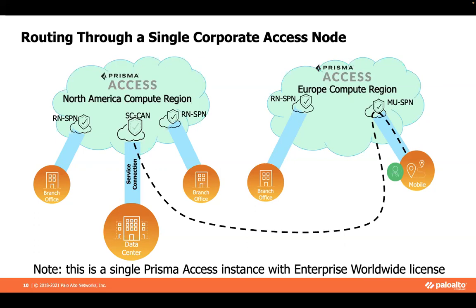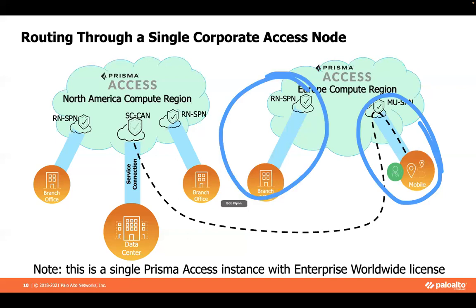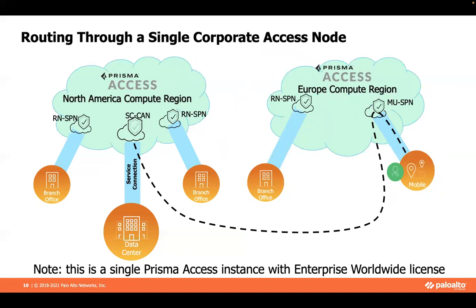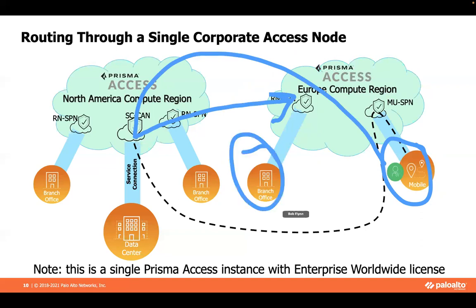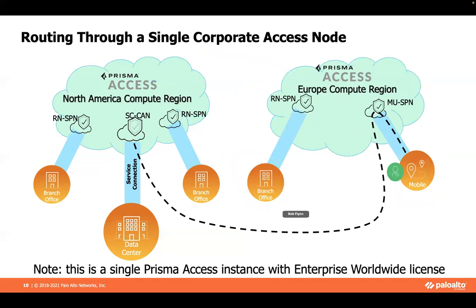But if we have a mobile user that needs to talk to somebody in a remote network near them, remember, they still have to use a corporate access node as a router. Well, that would be a pretty long round trip to go from a mobile user in Europe through a corporate access node in North America over to a remote network in an office that's just in Europe, close by.